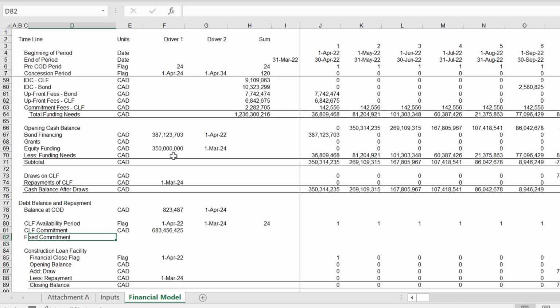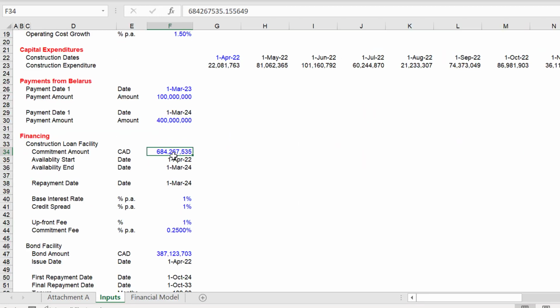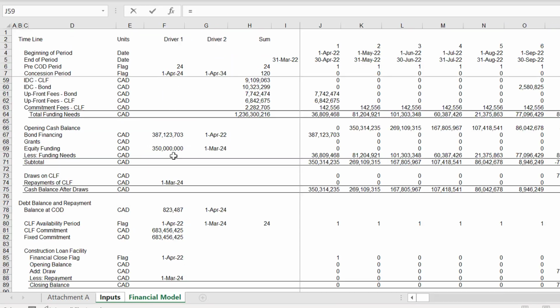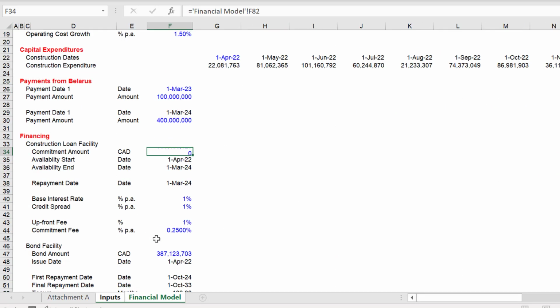Now, this is way overboard, but let's copy and paste special as values here. If I do that, then when I go down to this one, I won't have a problem.